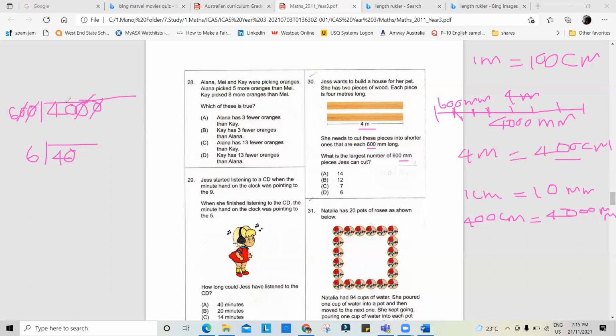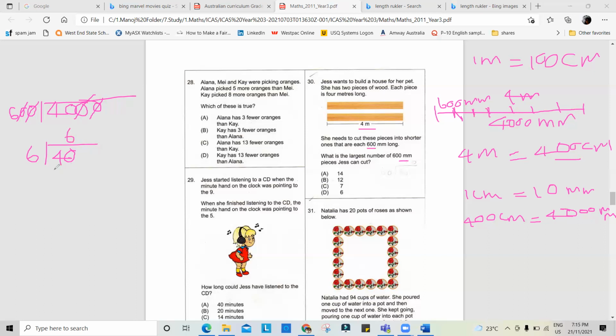First, you write 4,000 divided by 600. Then you have to cut the zeros. And you get the next step, 40 divided by 6. Is it 6 remainder 4?